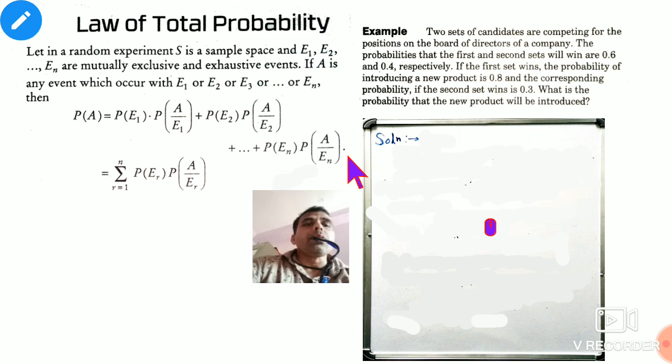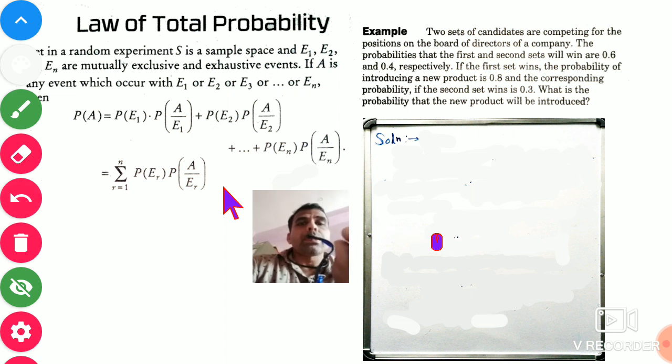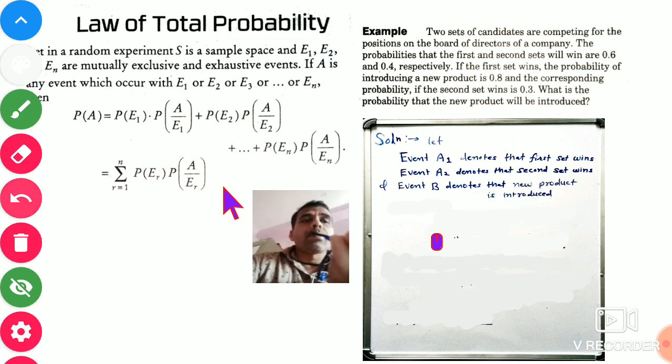So here we are going to solve this. First write down: let event A1 denote that the first set wins, event A2 denote that the second set wins, and event B denote that the new product is introduced.